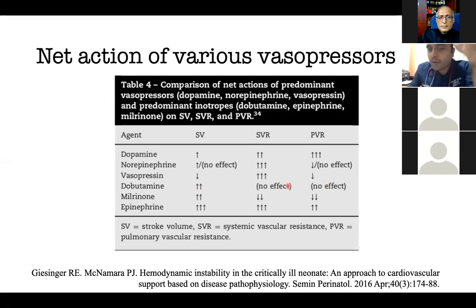SVR and PVR, not much of an effect. Milrinone, again similar to dobutamine, but the peripheral vasodilatory action is more compared to dobutamine. And epinephrine, action at both places. At the heart, it causes increased stroke volume, and systemic vascular resistance, it again increases.